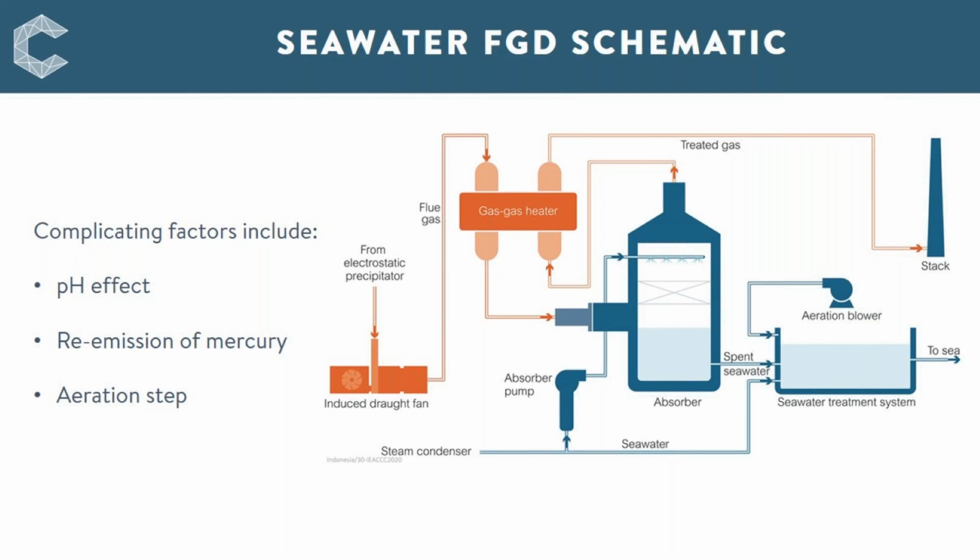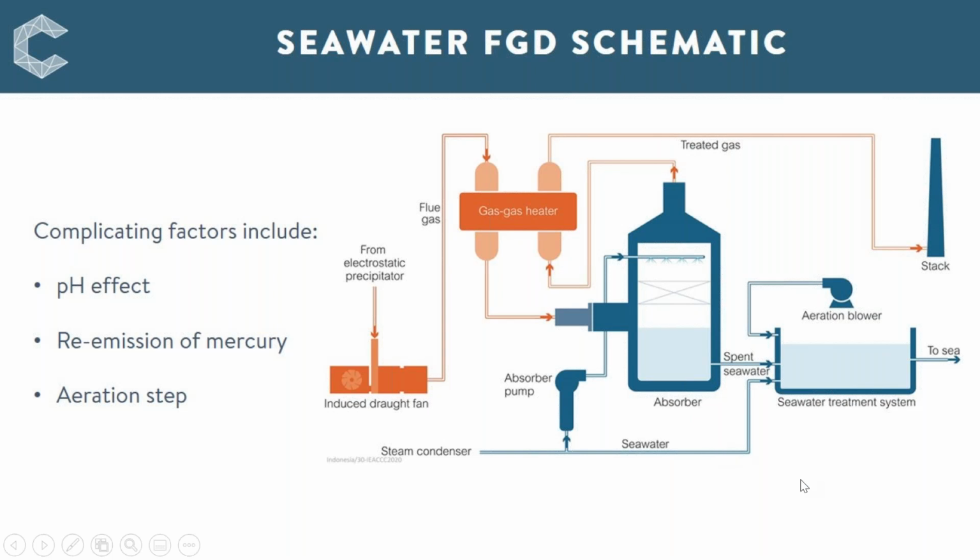But there are significant differences. Whereas a typical wet limestone FGD scrubber would operate typically between 7.2, maybe 7.4, seawater FGD can be 8 and above. So we don't know at this point how this difference in pH will affect the chemistry in the tank, how much potential for re-emission of mercury can happen.